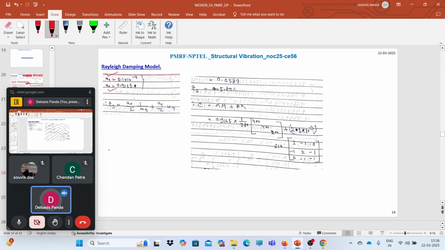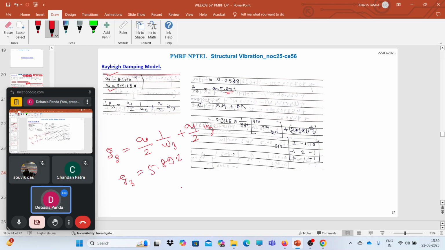Now we can find out what zeta 3 will be. Zeta 3 is nothing but a naught by 2 times 1 by omega 3 plus a1 by 2 times omega 3. Now you can calculate the value of zeta 3, and it comes as 5.89%.